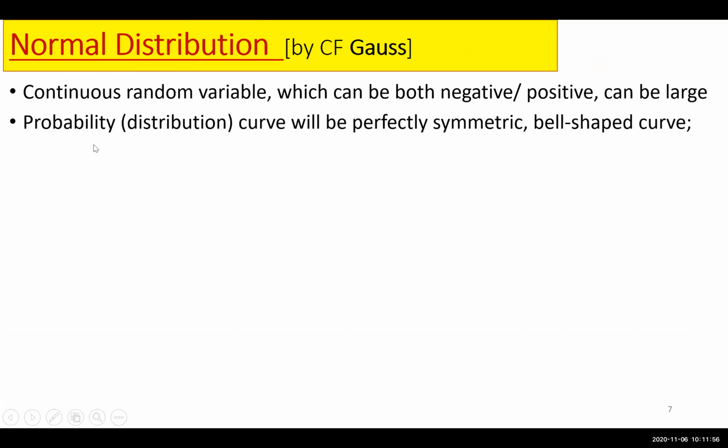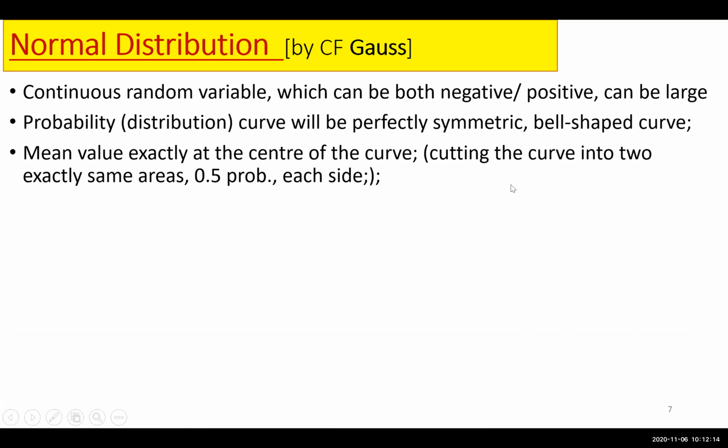Next point is, if we plot the probability curve, it will be perfectly symmetric and also a perfectly bell-shaped curve, and this will be called the normal curve. Okay, and please remember, we'll be showing you the normal curve just now.